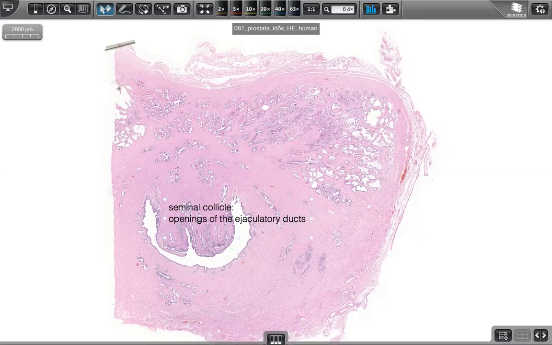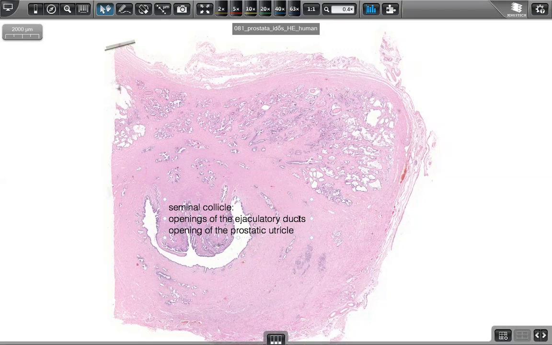And there is only one opening for the prostatic utricle. Prostatic utricle. The ejaculatory ducts, you know them very well. So these openings are eventually made by the union of the excretory duct of seminal vesicle, producing semen, and the vas deferens.